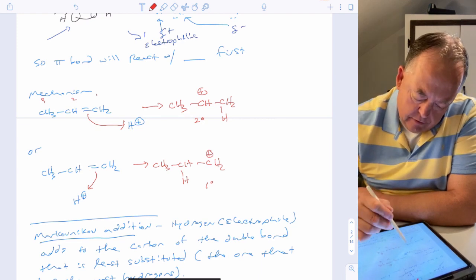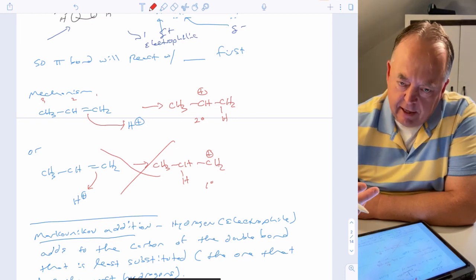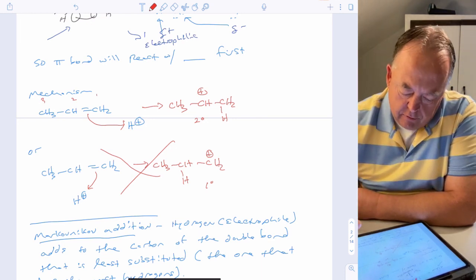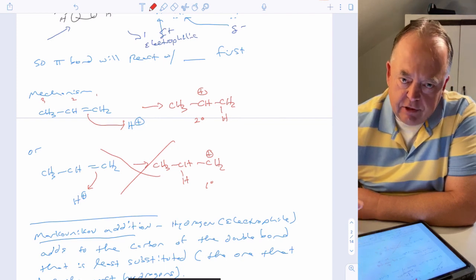So the reaction does not happen like this, or I should say it does not happen as fast. The reaction adding the hydrogen to carbon 1 to make the secondary carbocation is going to be faster, so that's going to lead to the major product.